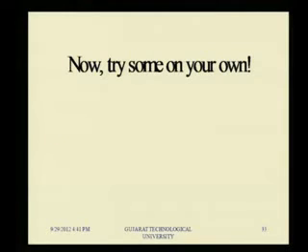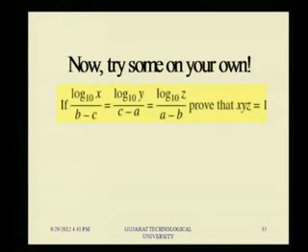Now try some on your own for your homework. Note down the question. If log base 10 of x over b minus c equal to log base 10 of y over c minus a equal to log base 10 of z over a minus b, then prove that x into y into z equal to 1.